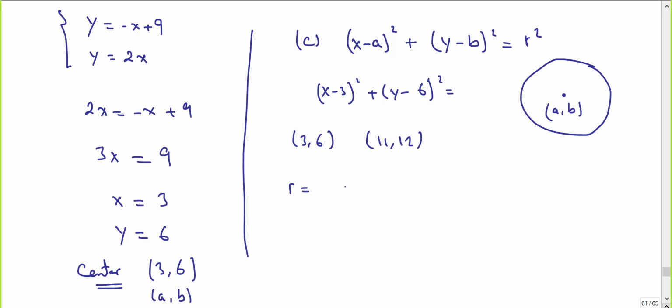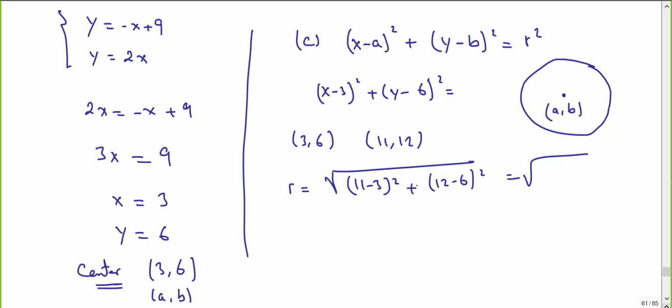So the radius will be the square root of 11 minus 3 power 2 plus 12 minus 6 power 2. That will be 9 power 2, that's 81. Oh, it's not 9, it's 8 power 2. That's 8 power 2, that's 64 plus 36.